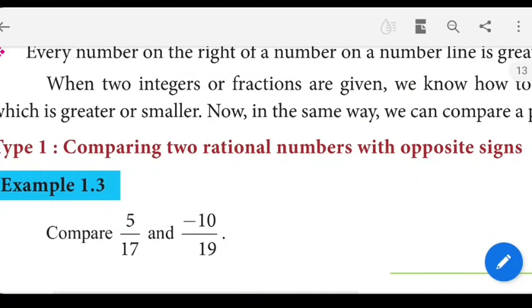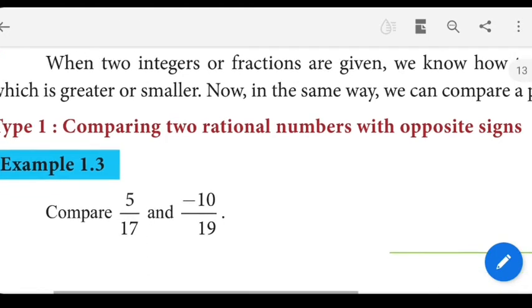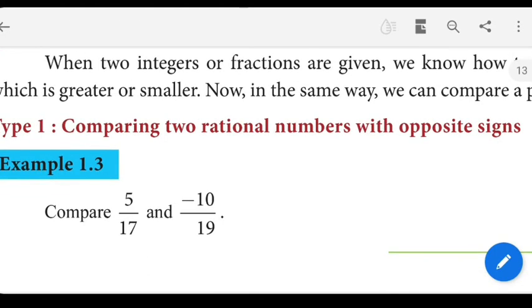we are doing example 1.3: compare 5 by 17 and minus 10 by 19. Identify which is negative and which is positive. Yes, 5 by 17 is a positive number, minus 10 by 19 is a negative number.